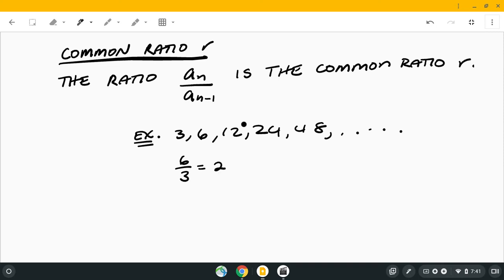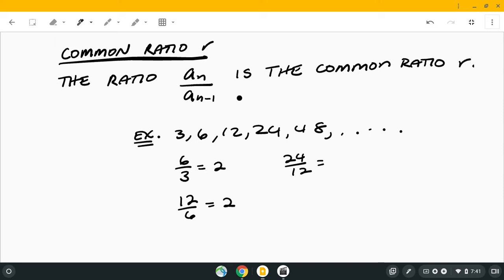If I pick these two, I would do 12 divided by 6, and I get 2. If I do 24 divided by 12, again it's not necessarily the larger number divided by the smaller number. It just happens to be that way here. It's always whichever term you choose, you divide by the one before it.